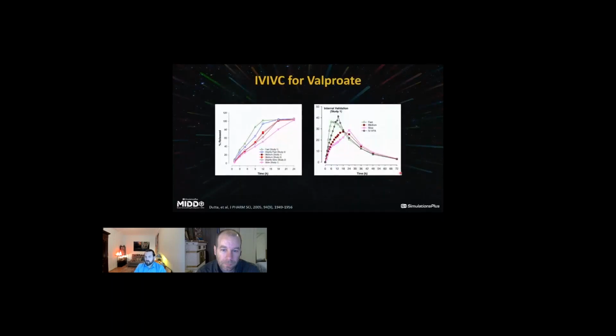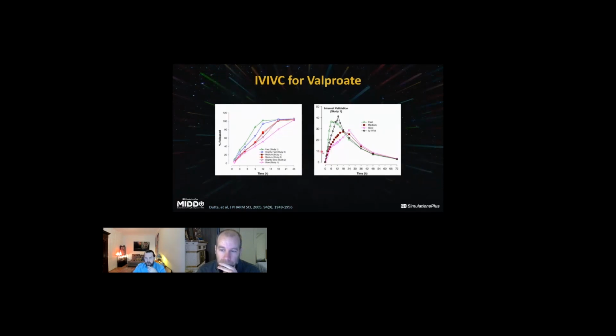The drug we're going to talk about today in this case study is valproate. For this drug product, we have data coming from a paper published in 2005, where we have the in vitro release profiles for multiple variants and the corresponding in vivo PK profiles.